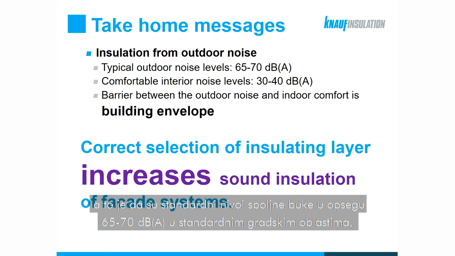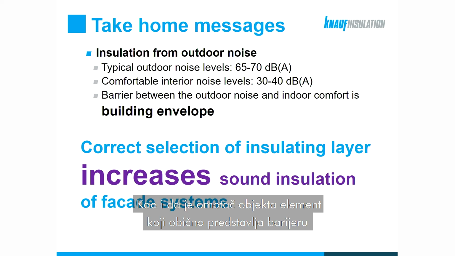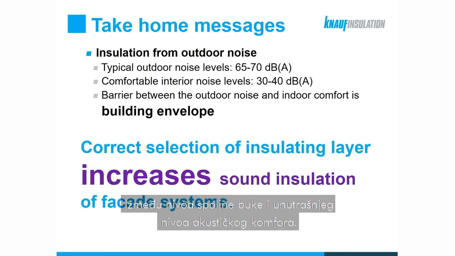And in the end, to summarize what we've learned about the insulation from outdoor noise. So typical outdoor noise levels are in the range of 65 to 70 decibels in standard urban areas. Comfortable interior noise levels range somewhere between 30 and 40 decibels, and the building envelope is that element which actually presents the barrier between outdoor noise level and indoor level of acoustic comfort.